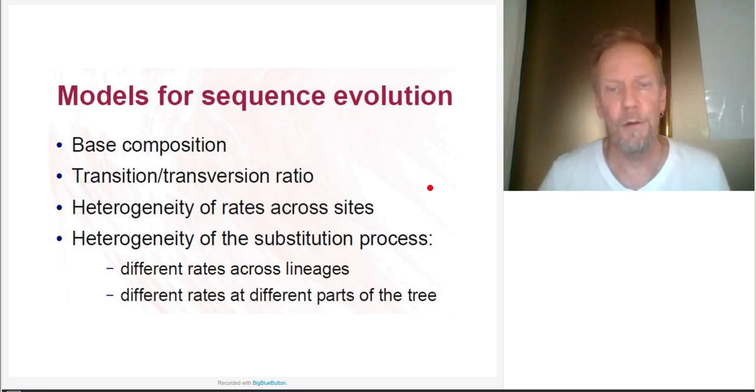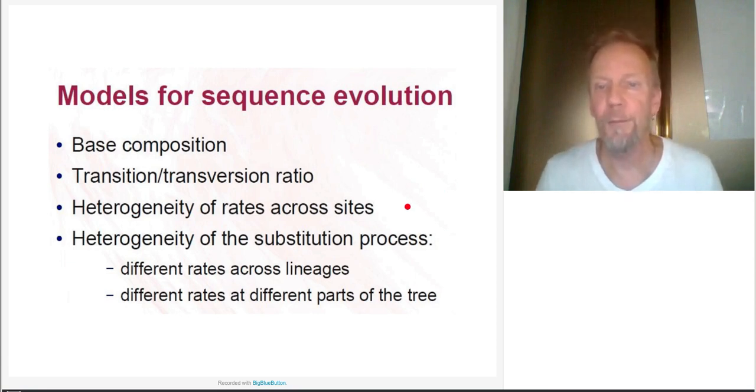There are transitions, which are changing a small base to a small base or a large base to a large base, keeping the size the same for the nucleotide. And then we have transversions where the large is changing into a small or vice versa. And the transitions are much more common and they should be accounted for.